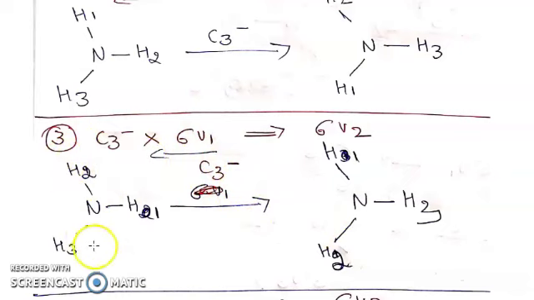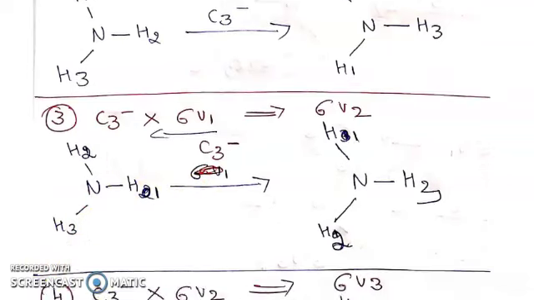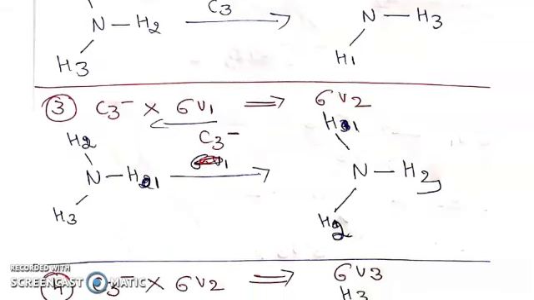The second hydrogen atom will come here, the third hydrogen atom will shift here, and the first hydrogen atom will come here. We get this molecule, which is nothing but sigma V2. C3- into sigma V1 gives sigma V2.